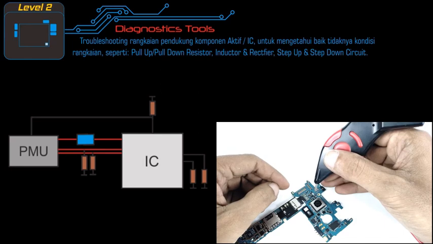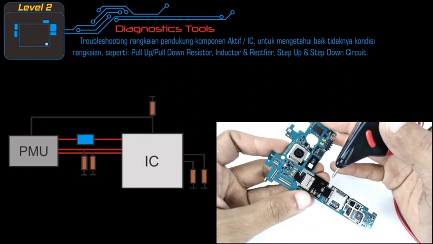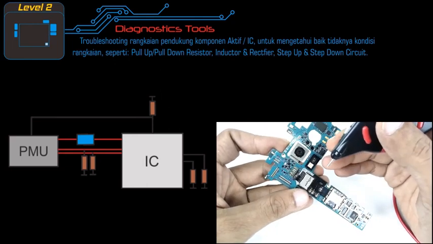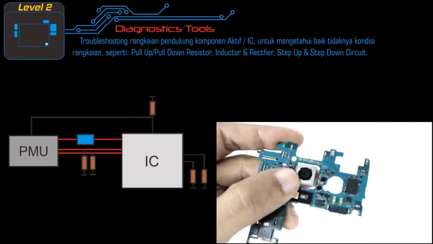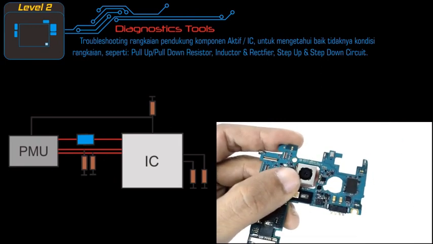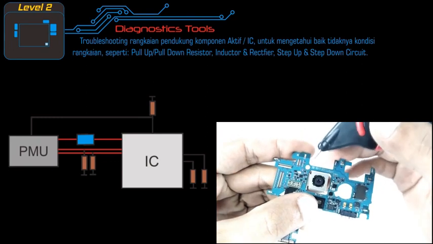Now I proceed to the troubleshooting method at Level 2. Troubleshooting in this area is continued after Level 1, where the previous analysis measured was only in the area of the connector to the IC. Therefore the analysis cannot yet be stated complete.